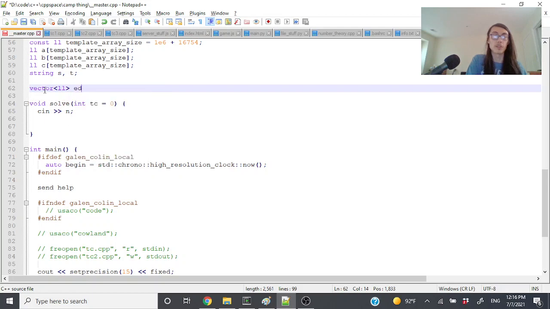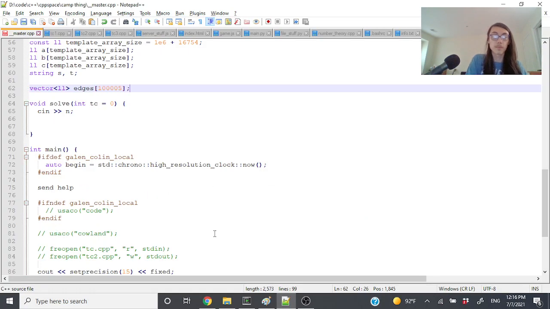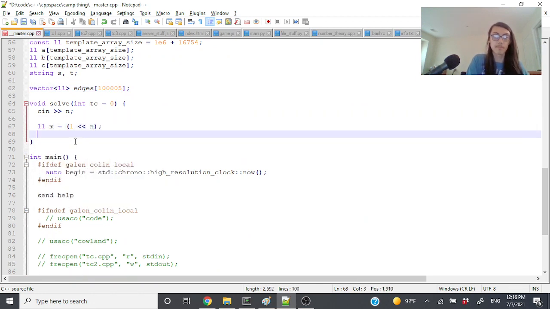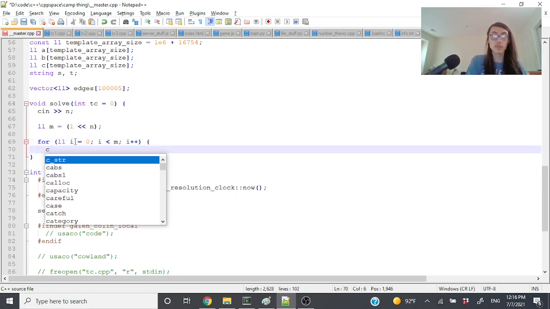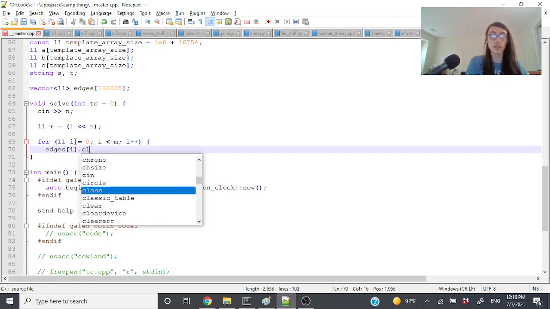Vector L, edges, okay. 4, Cn, edges, I.clear.